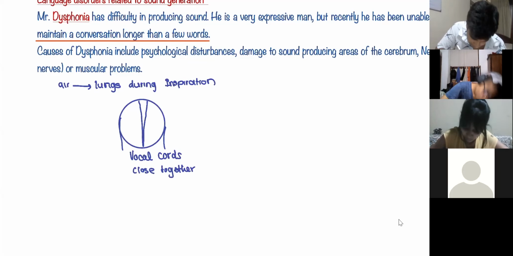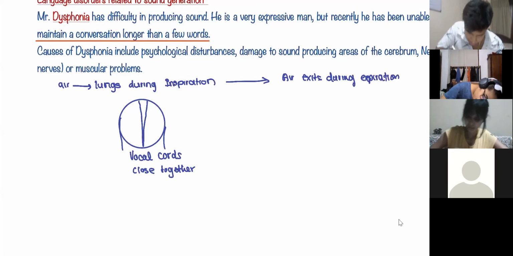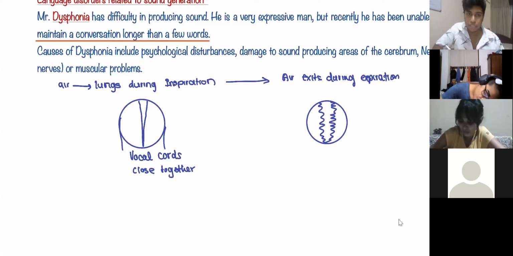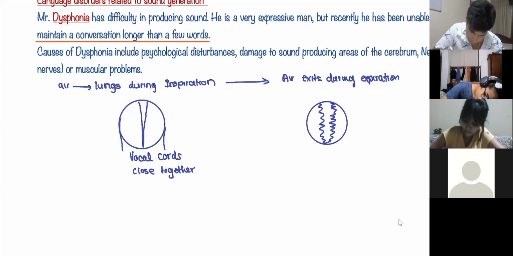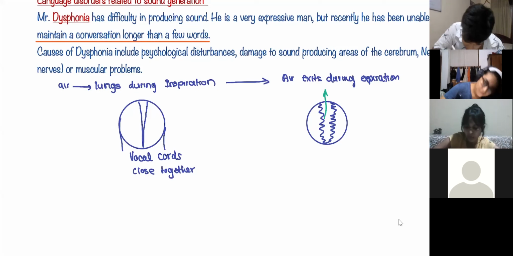These are the vocal cords. So what happens when the air exits during expiration? There's going to be a turbulent flow. The turbulent flow through these vocal cords causes them to resonate, generating sound. So the air will flow in a turbulent way.